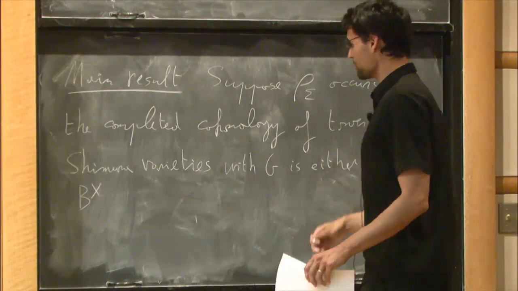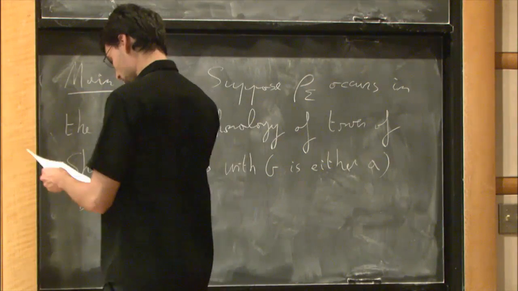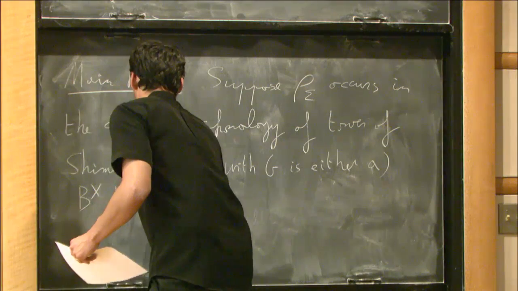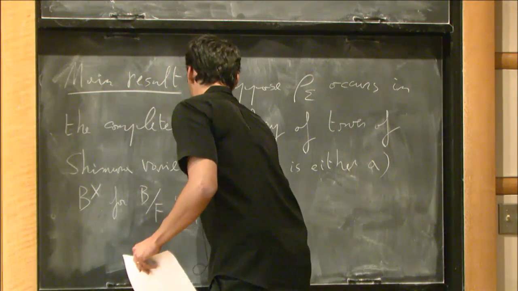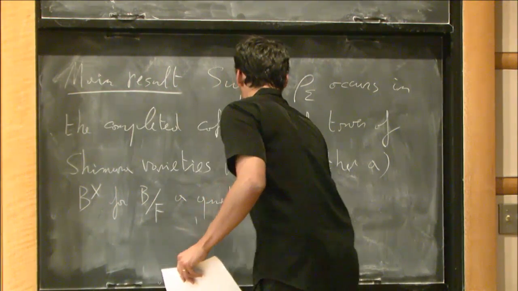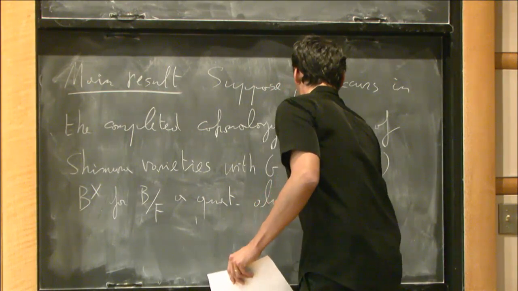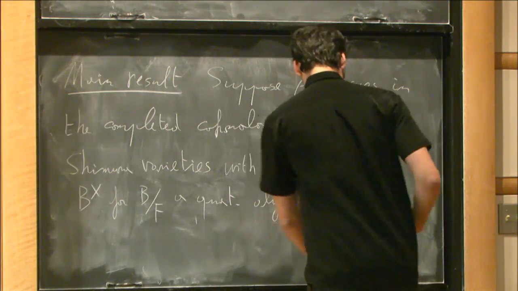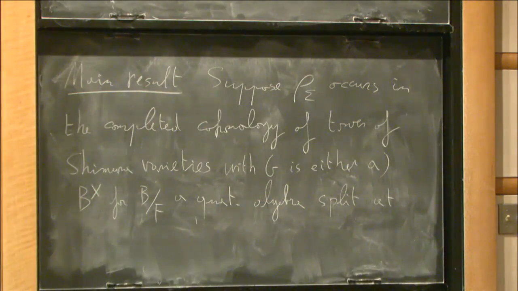So G is either the unit group of a quaternion algebra. So B over F is a quaternion algebra which is split at most one infinite place.